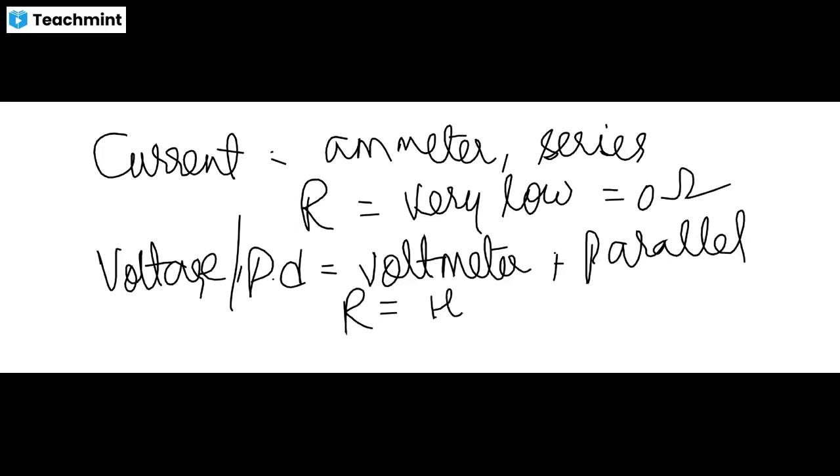So very high means it should have infinite resistance. So if they ask what is the resistance of an ideal voltmeter, that is infinite resistance. Infinite ohms you should write. Okay. Then next we'll move on with the next formula, Ohm's law.